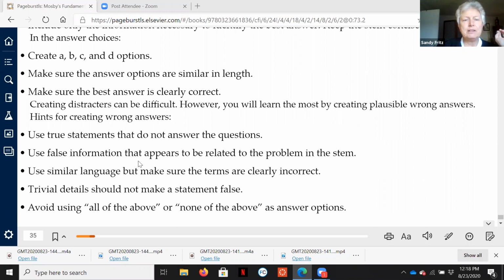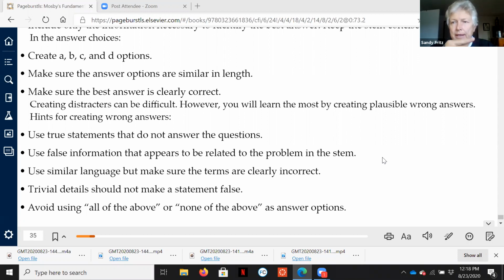Using false information that appears related to the problem in the stem. So if I were to use the same practice question and somehow I said that the humerus was in the forearm, that's not right.